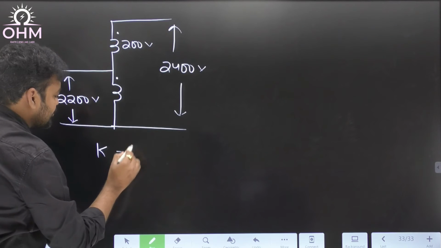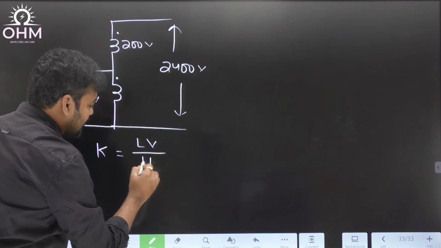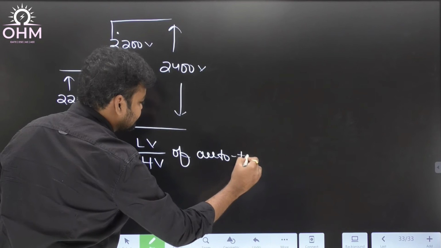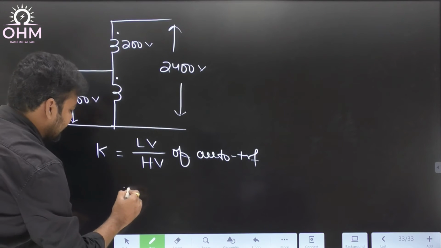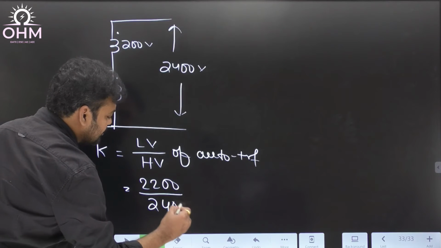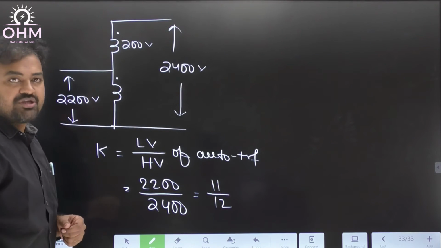What is the ratio K of the autotransformer? K is always defined as low voltage by high voltage of the autotransformer. The low voltage value is 2200, the high voltage value 2400. So it will be 11 by 12. That is the ratio K.